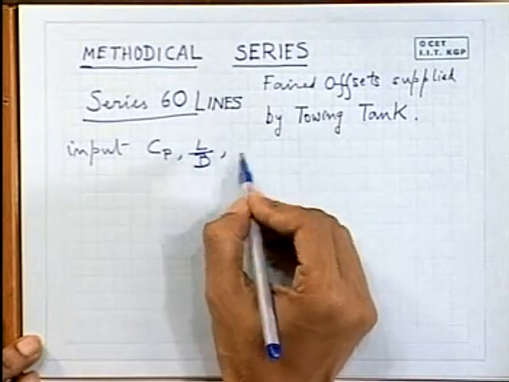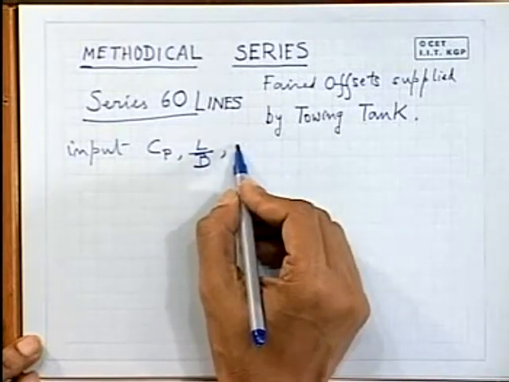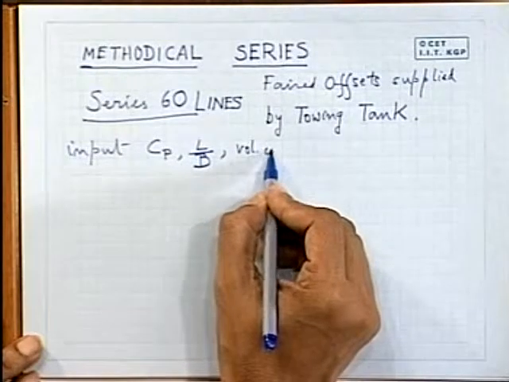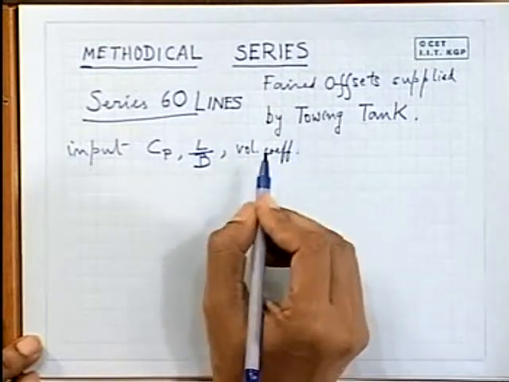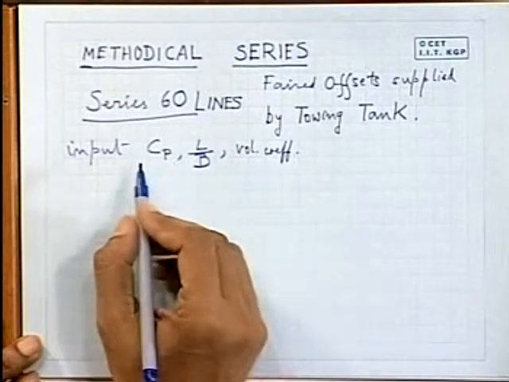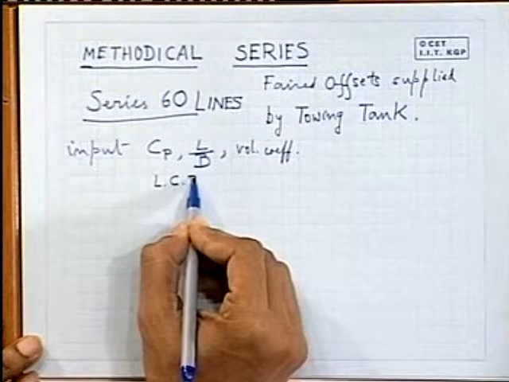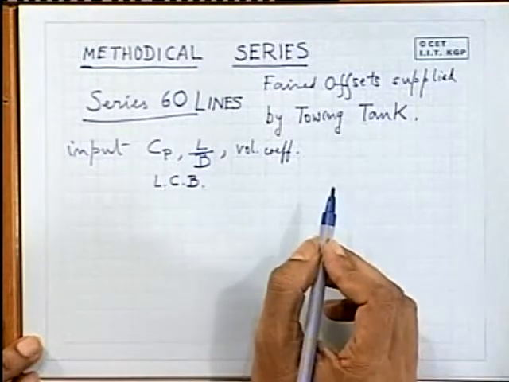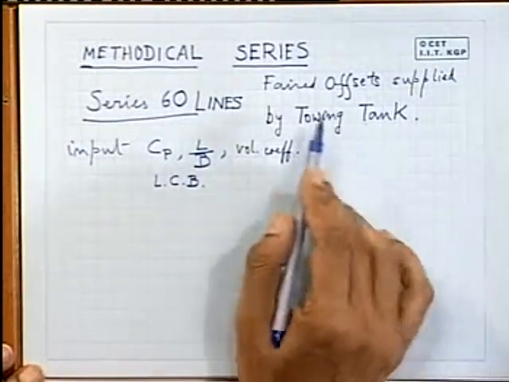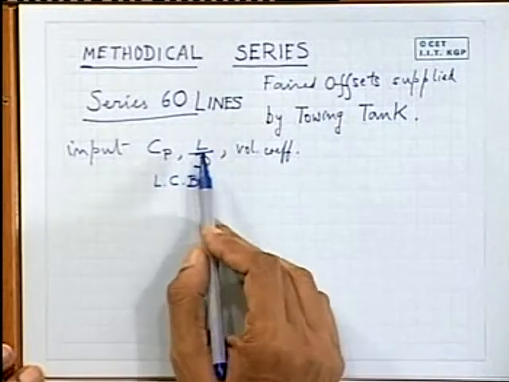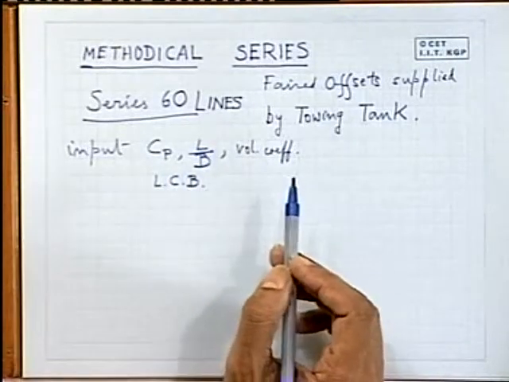Then the volumetric coefficient, or sometimes this is called volume coefficient, and LCB positions. So the charts or the tables will give the different offsets for different values of CP, L by B ratio, volume coefficient, etc.